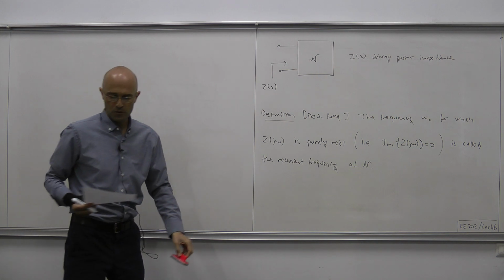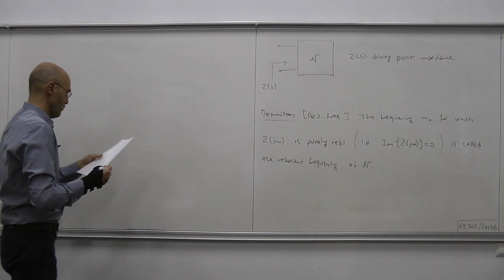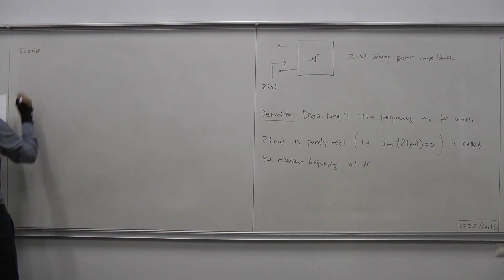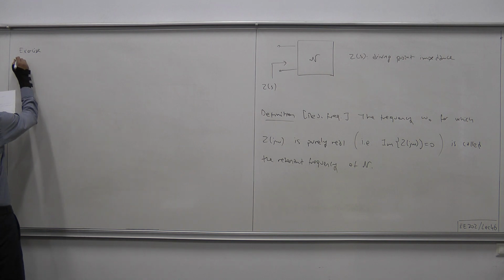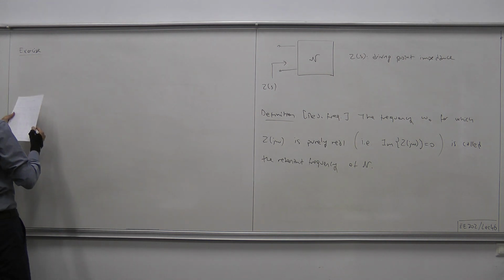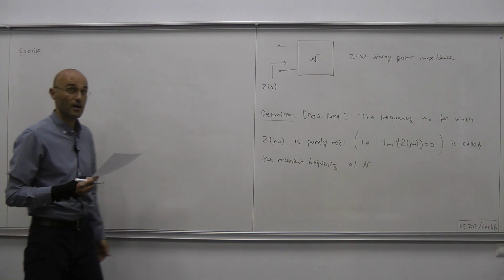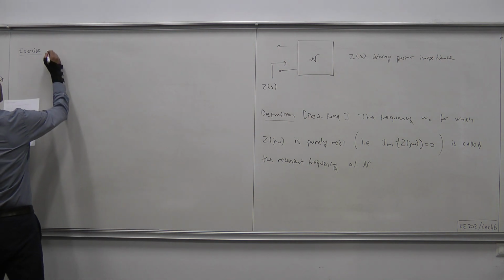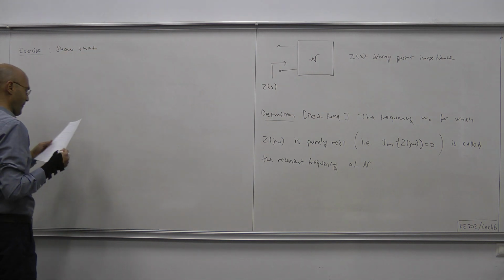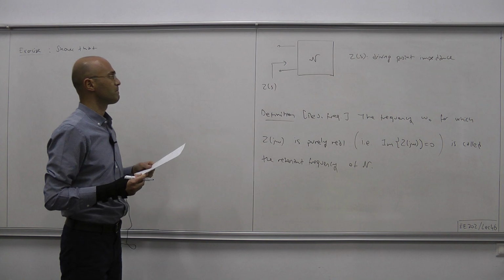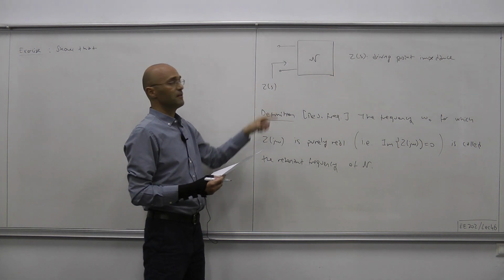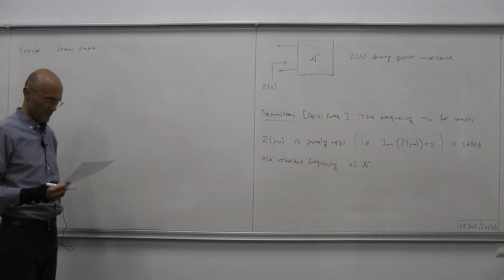And it's not difficult to see that for those simple circuits, the resonant frequency, well, I'm not going to tell the resonant frequency, it's an exercise, but I will produce what Z(j omega) boils down to at resonant frequency.